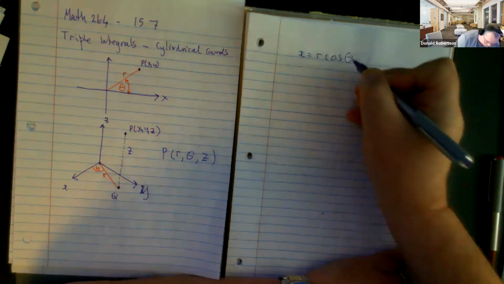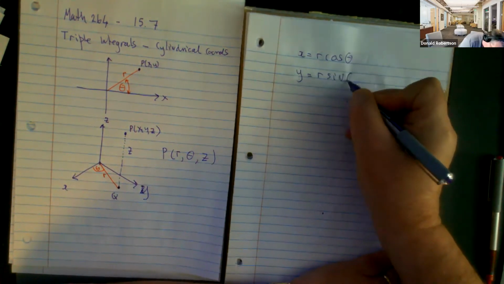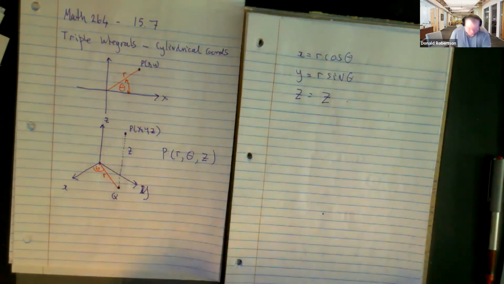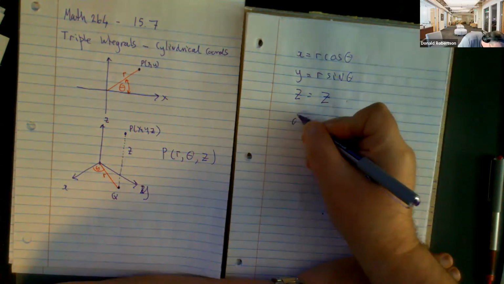So, to remind you, x gets replaced by r cos theta. y gets replaced by r sin theta. z, I don't know if you'd say it gets replaced by z, but it stays as z. And you know the classic dV guy?